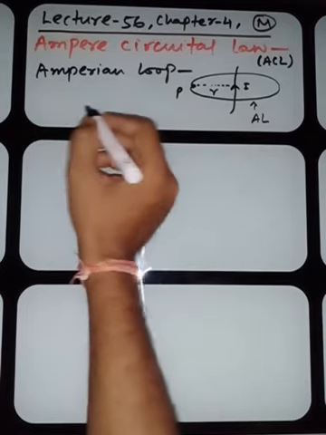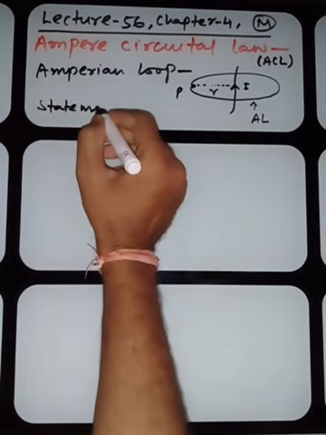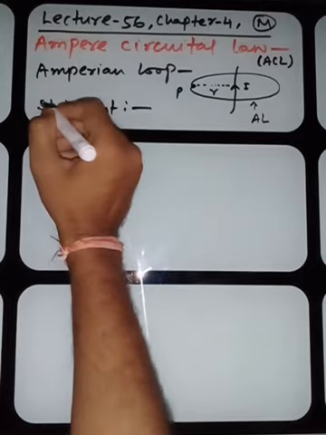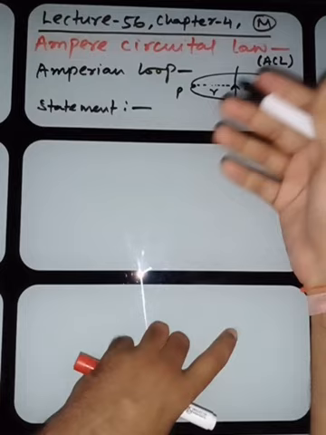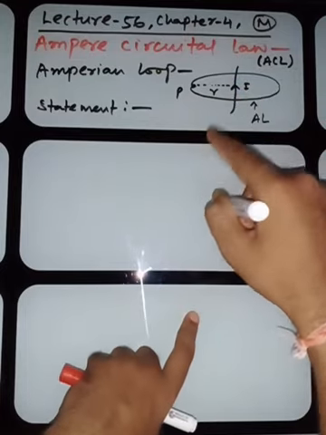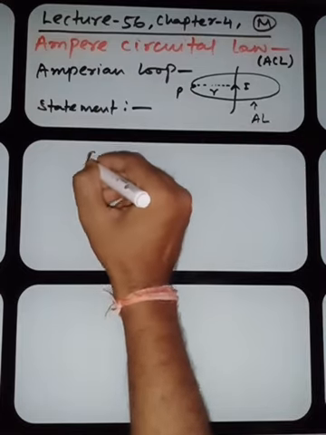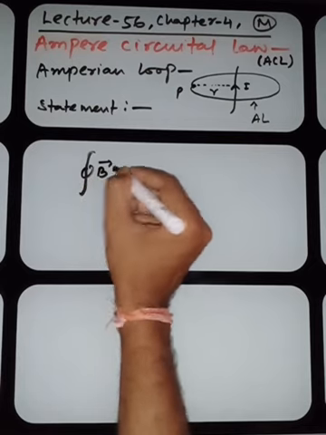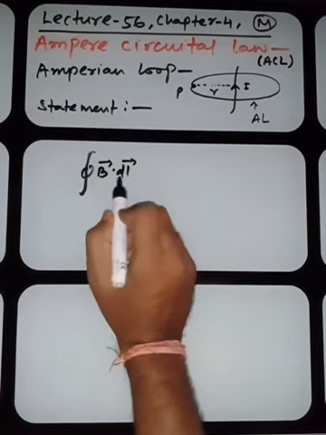Now write the statement of the Ampere Circuital Law, that is the ACL. Kindly write down: the line integral of magnetic field. Line integral means the B dot dl of the magnetic field.